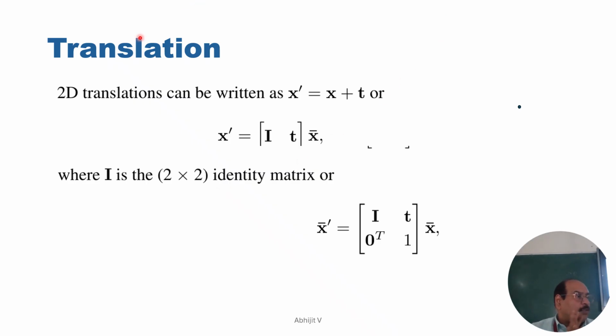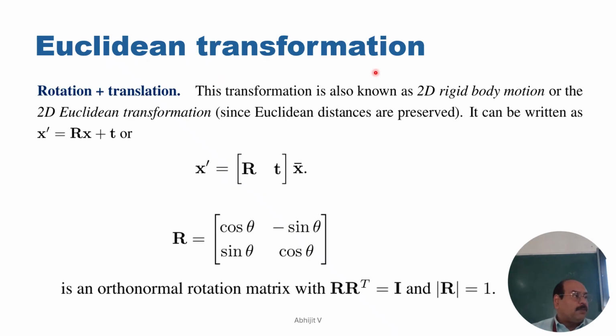So the first transformation we have learned is called translation, where the output is simply an addition. The next type of transformation we are going to study is rotation plus translation. It's called Euclidean or rigid.